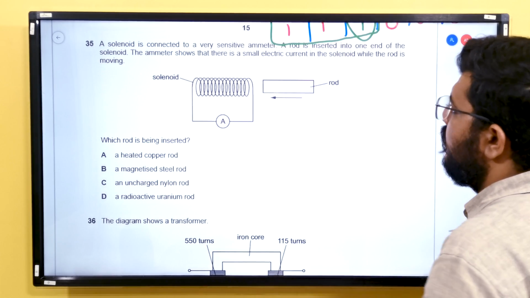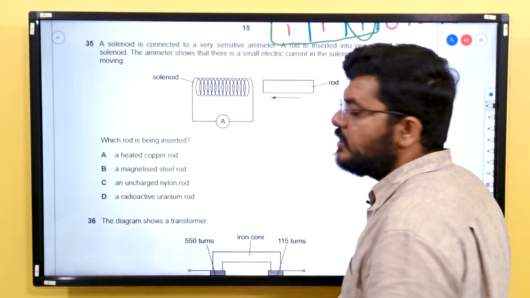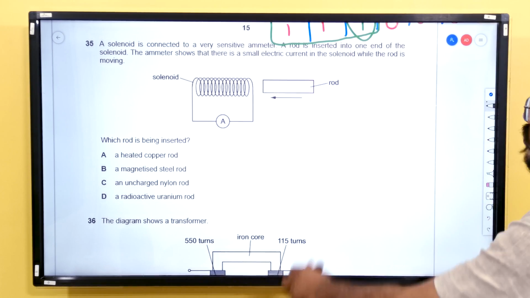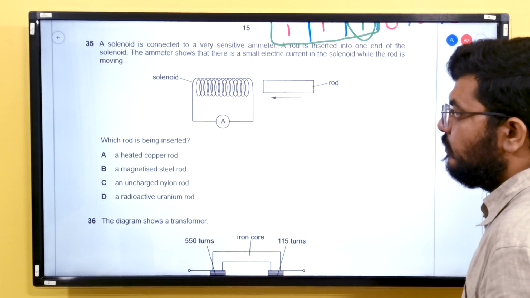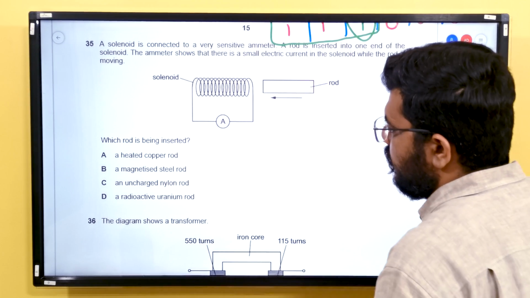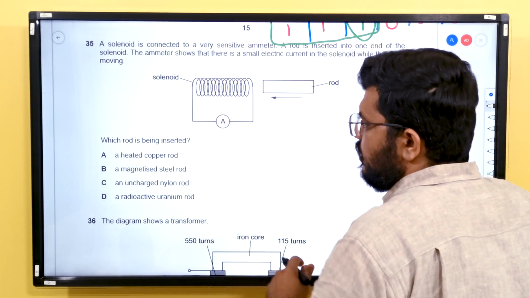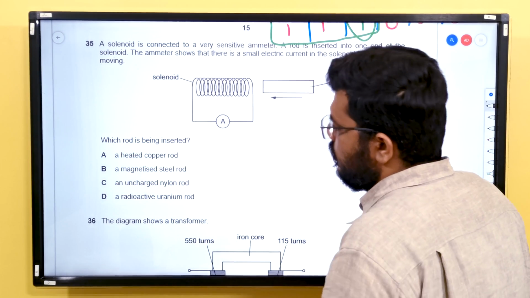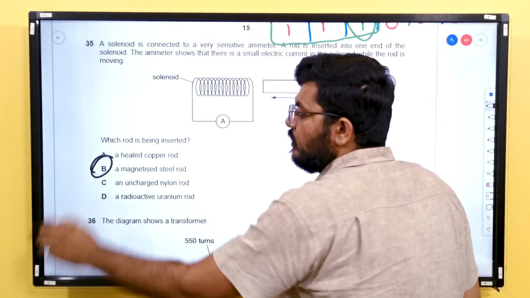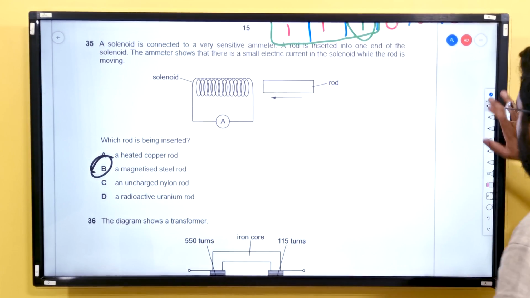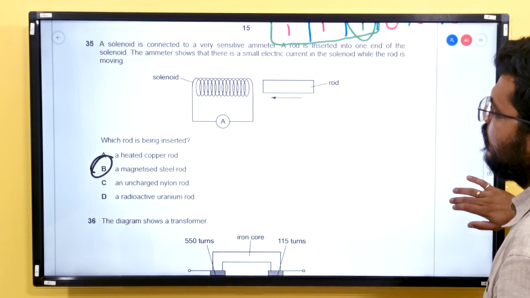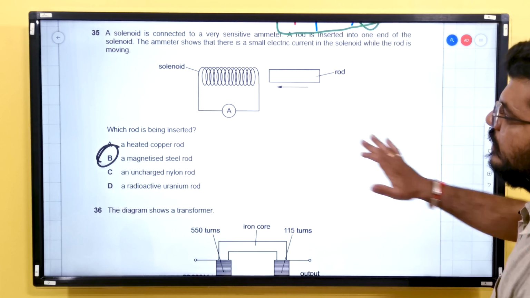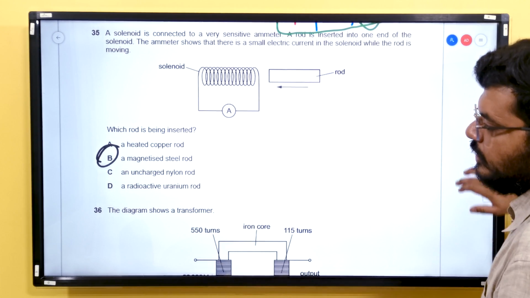It will happen if and only if the rod is magnetic, right? A small electric current is nothing but an induced EMF. Which rod is being inserted? Hot copper rod? No. A magnetized steel rod? Yes. A magnetized steel rod will induce EMF if it is moving inside a coiled conductor.